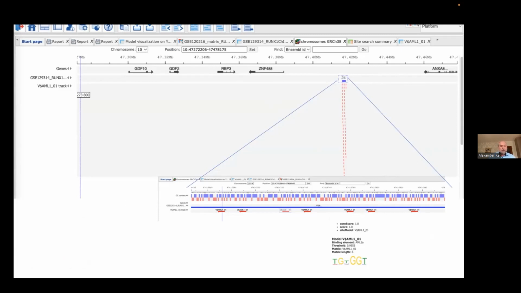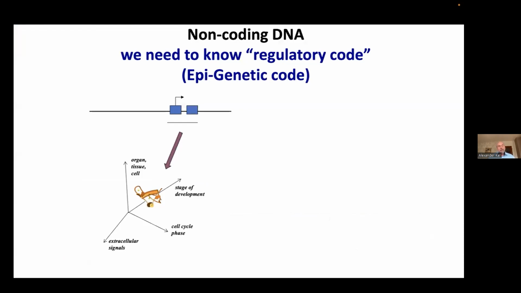So what are they doing there? We don't know, but obviously we have to understand how the regulation of genes is organized. We have to know this regulatory code, or we can rephrase it, the epigenetic code. We know a lot about the genetic code, but we have to learn about the epigenetic code: how these signals, these motifs in the genome, control the activity of genes. Just directly measuring where factors bind seems not to be enough.